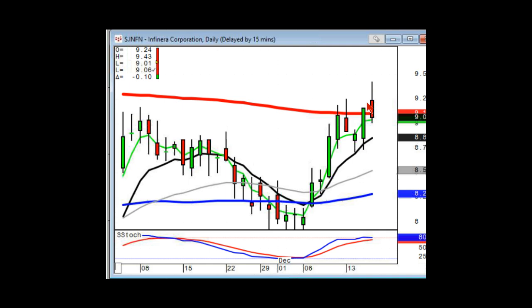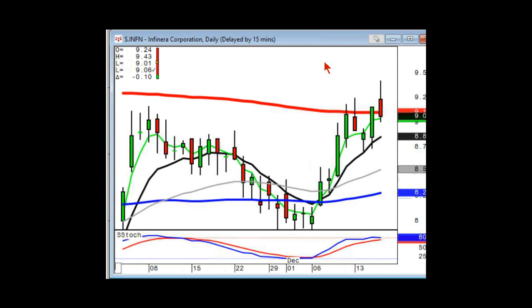Well, you can see the bears were in control. That's where you would have stopped out. So if I bought right here and it went up and then it came back down through the open, all right, so I took a 15-cent loss. That's what I'm trying to do. I want my losses to be extremely small. I want my bullish trades to be extremely big.